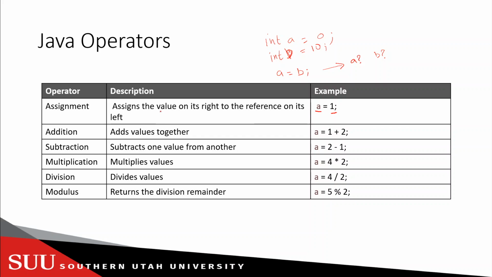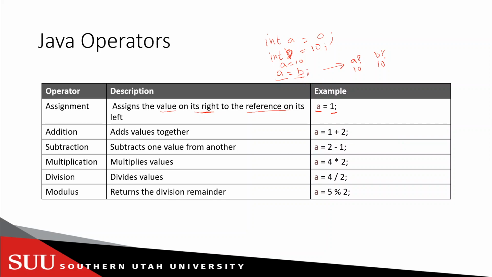It says it assigns the value on its right to the reference on its left. So now this is going to be the reference and this is going to be the value. So it's exactly similar to saying a is equal to 10. So in this case, a is going to be 10 and b is going to remain 10 because we just defined it in the line above.